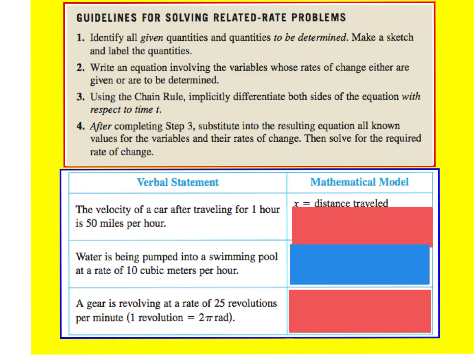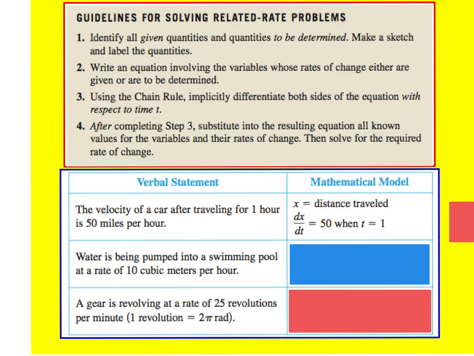If our distance is x, our rate is miles per hour, so that's our velocity. How could I notate a velocity in terms of x and t? dx/dt, because I'm taking a derivative of position over time. So dx/dt is equal to 50 when our time is equal to 1 hour.